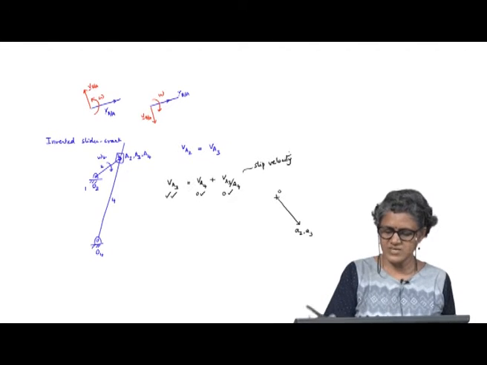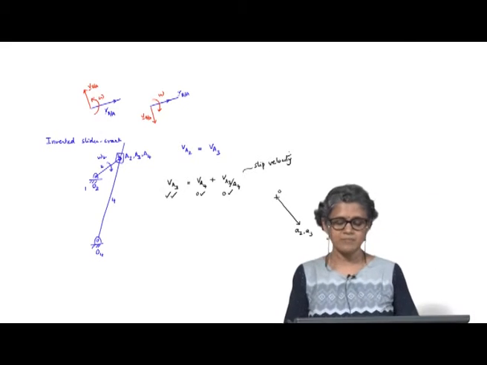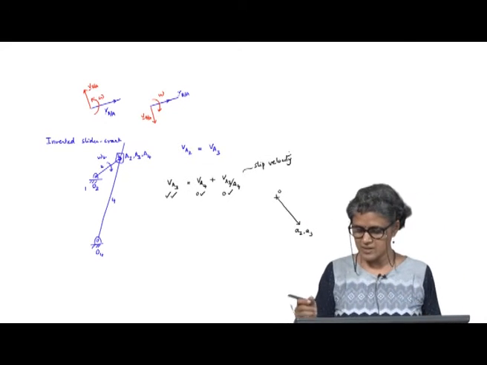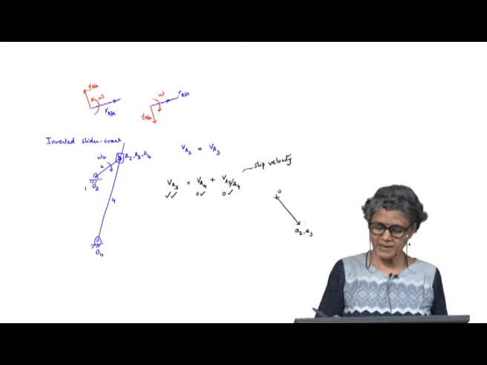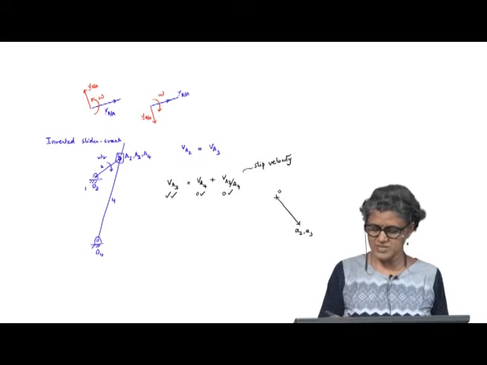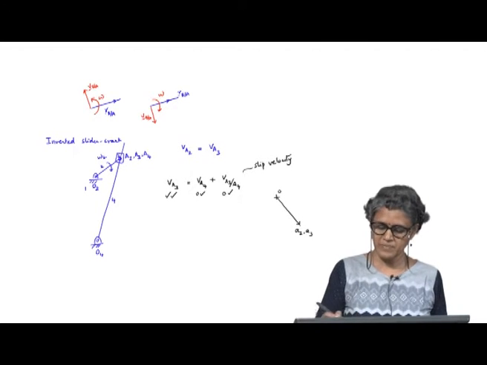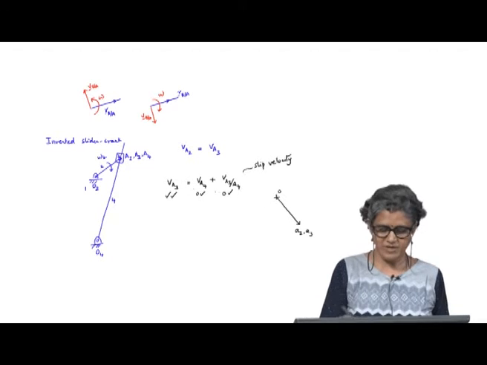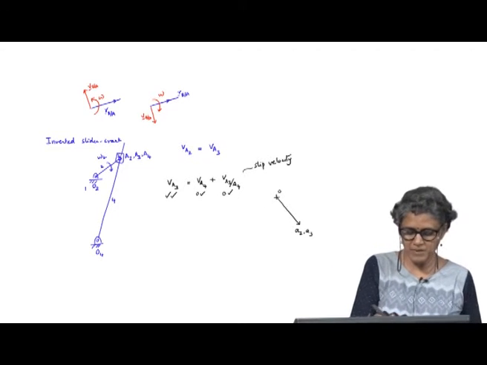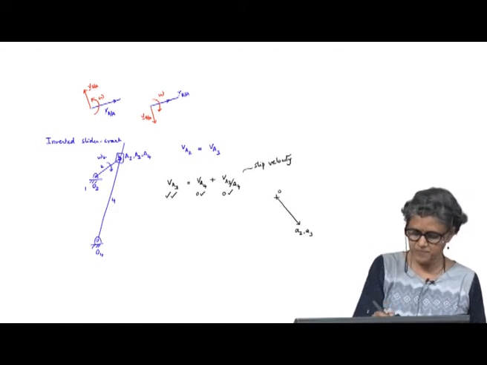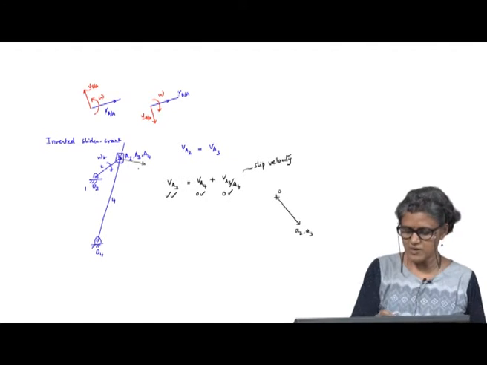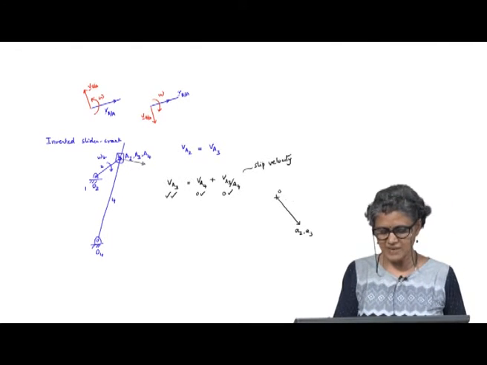So, I use this to solve the velocity polygon, and I get, so I have, this is velocity of A on 3, then I have velocity of A on body 4 would be perpendicular to this, and it is an absolute velocity.